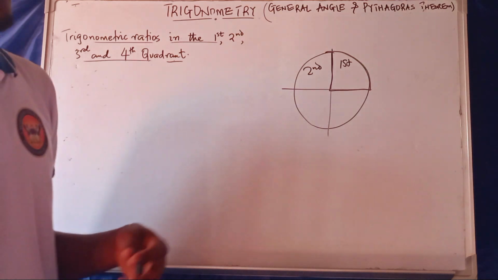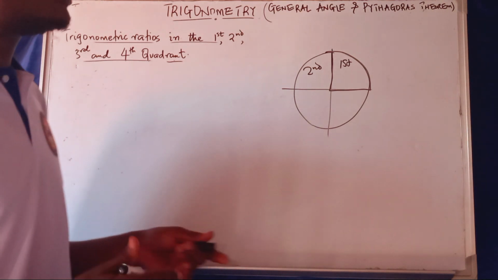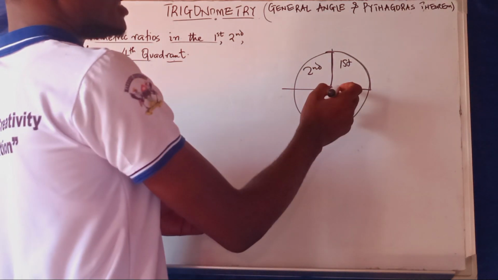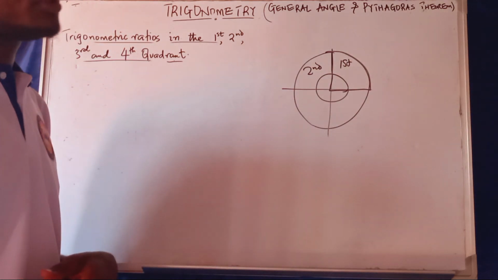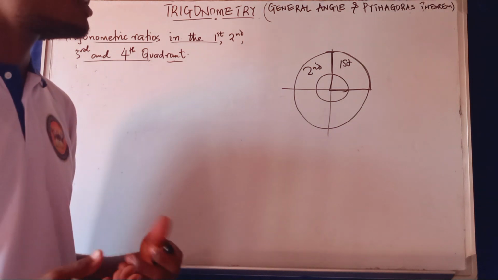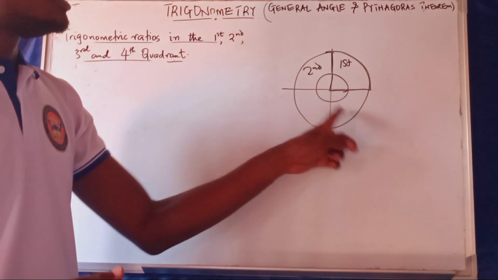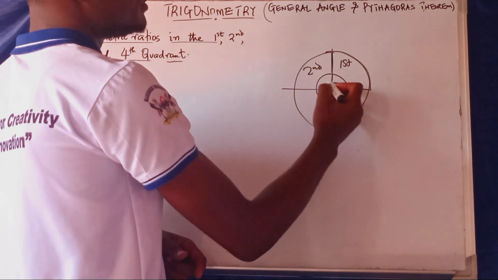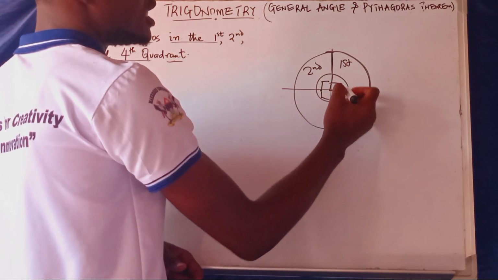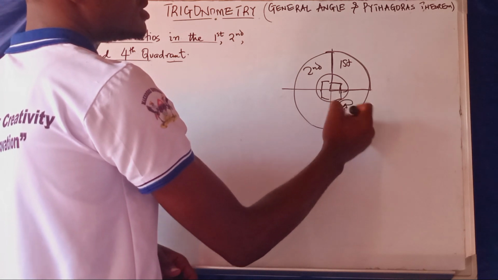We all know that from our O level. So now we know the angles in this circle, they add up to 360. So each quadrant takes on 90 degrees, which add up to 360.